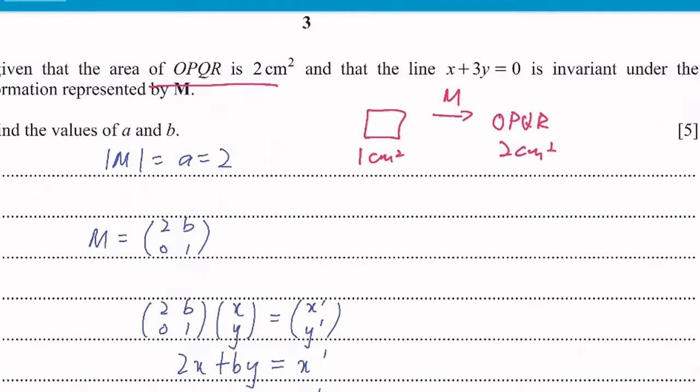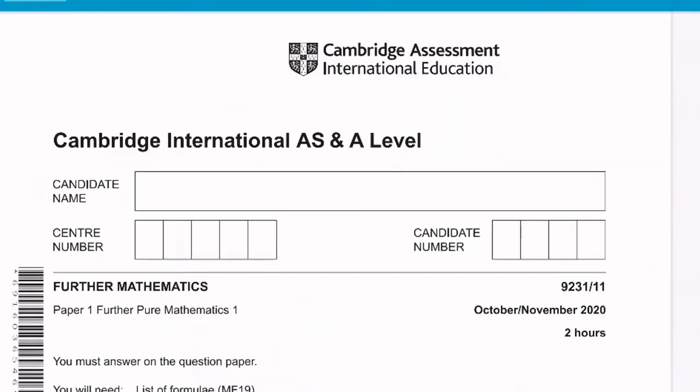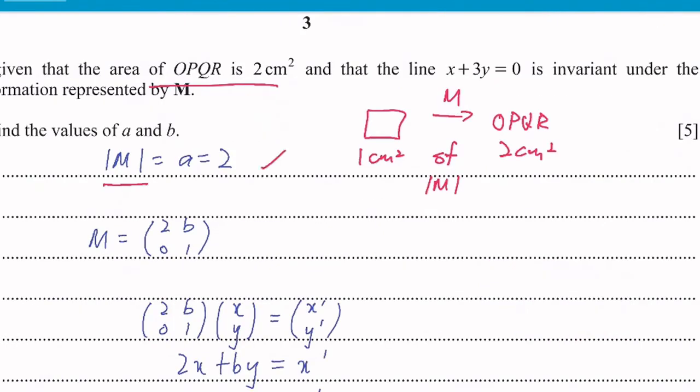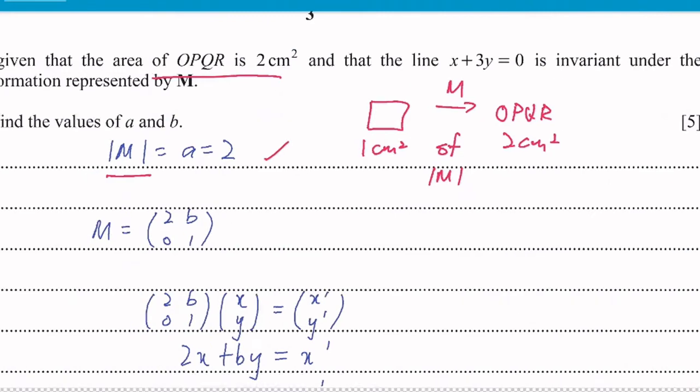So what is the scale factor? The scale factor of the area is the determinant of M. We have already found the determinant, which is ad minus bc, so the a here is 2. This is very straightforward.